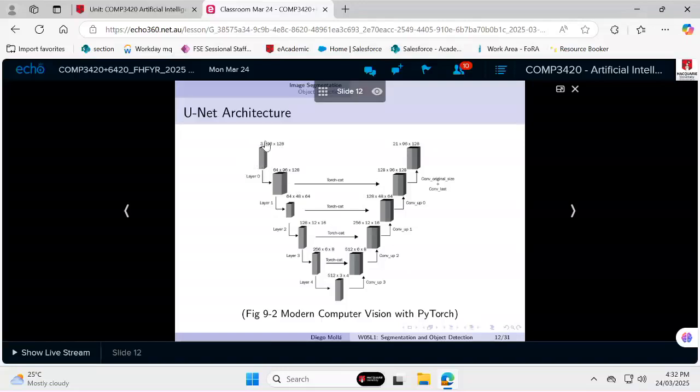Then you start applying convolutions, and as a result, you will have a smaller size of the image, but typically more channels: 64, 128, 256, 512 channels, and 3 times 4 for the feature map. So it's a very small area, but very deep, with many channels. That's what typically happens when you apply convolutions. You want to add more and more channels and reduce the feature map, so you have more abstract information.